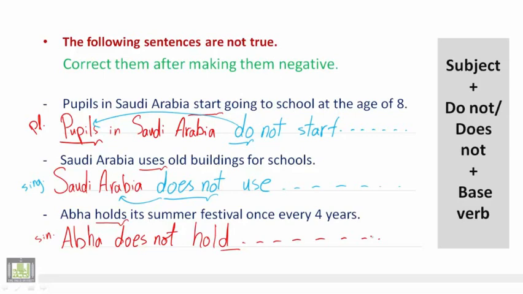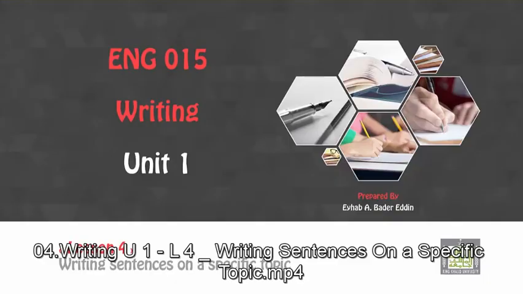There is always number agreement between the subject and the verb. If the subject is singular, we use does. If the subject is plural, we use do. Thank you very much for your careful listening.